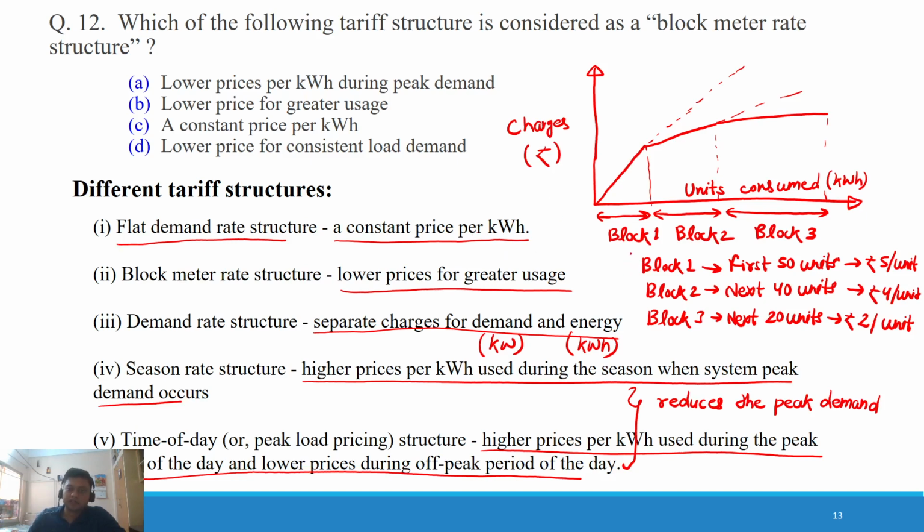So from the energy consumption point of view, this motivates the customers to use more power, because after 50 units the price gets lowered, so customers get motivated to use more power because the price has been reduced. So for this question, the correct option is B, lower price for greater usage. The block meter rate structure denotes lower prices for greater usage.